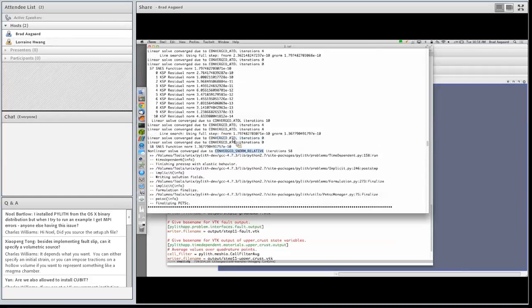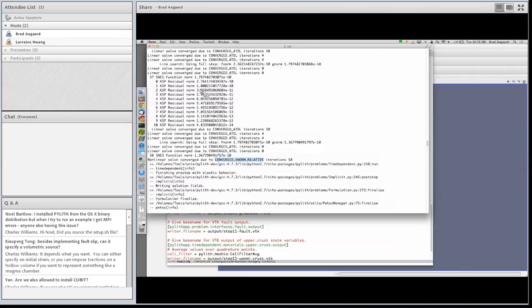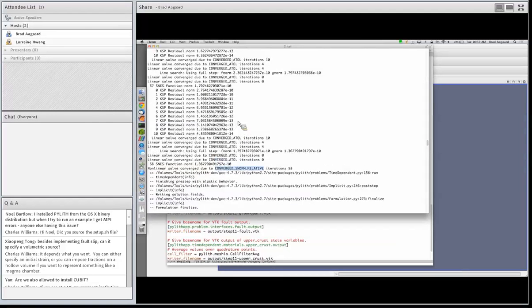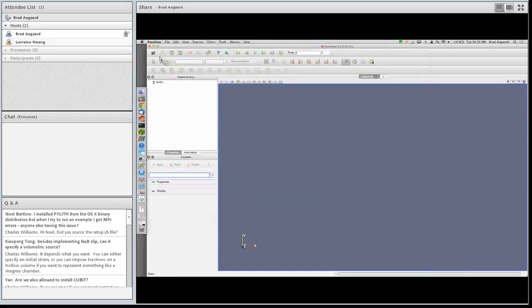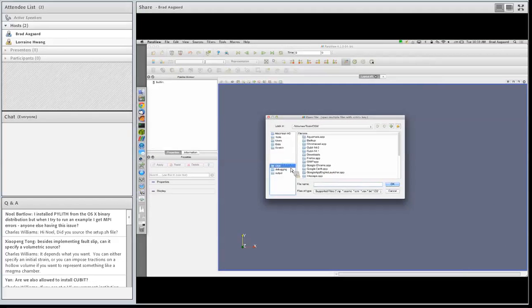So it stops. You'll notice that the linear residual is starting out at 10 to the minus 10, goes down to 10 to the minus 14. So there's not much going on because the linear solve is already down at essentially 0. So now we can look at what this looks like.